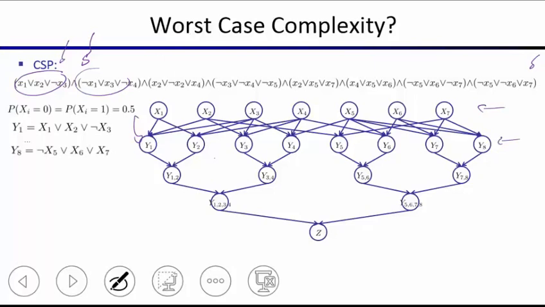Now, let's ignore the BayesNet for a second. In principle, we have all the clauses. Let's define z as the AND of y1 through y8. Then z would encode the entire formula at the top. The reason we don't jump directly from y1 through y8 to z is because z would then have a big conditional probability table, with many, many parents.